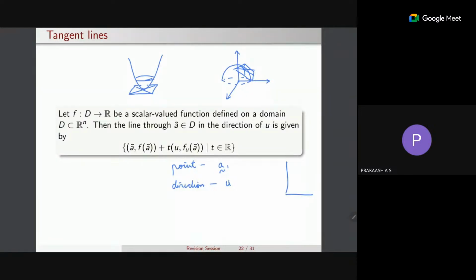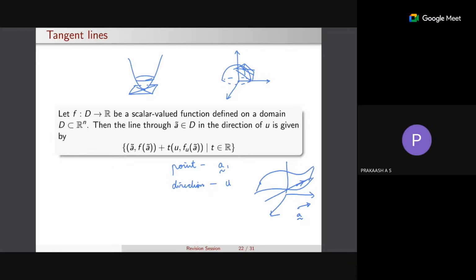If I'm given a point on the domain a tilde, on some arbitrary surface, the corresponding point is over here, a tilde comma f of a tilde. And if I'm giving you a direction u, then you can determine the tangent line through that point in that direction. How do you calculate that?